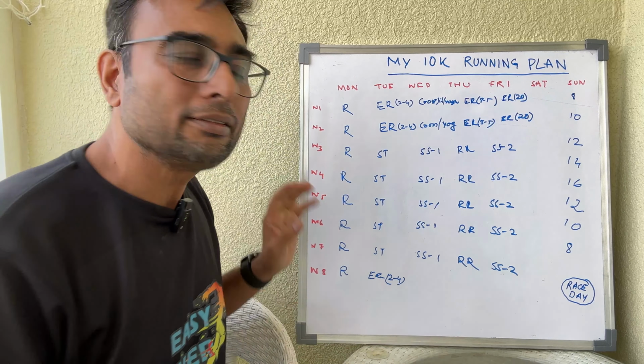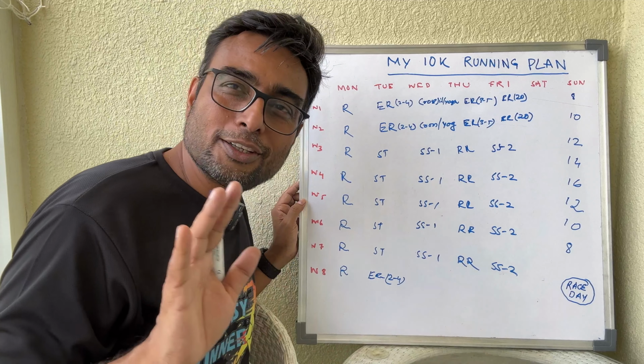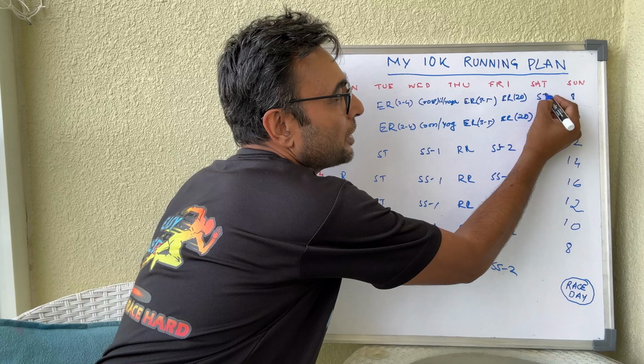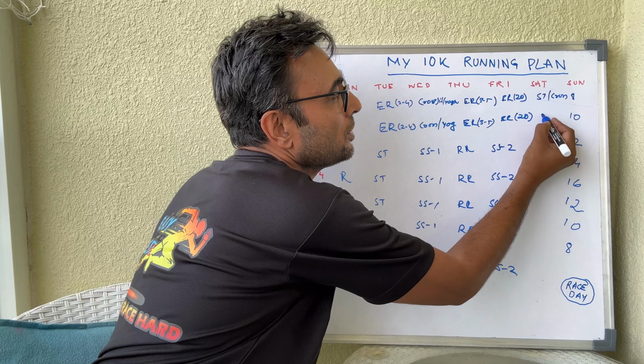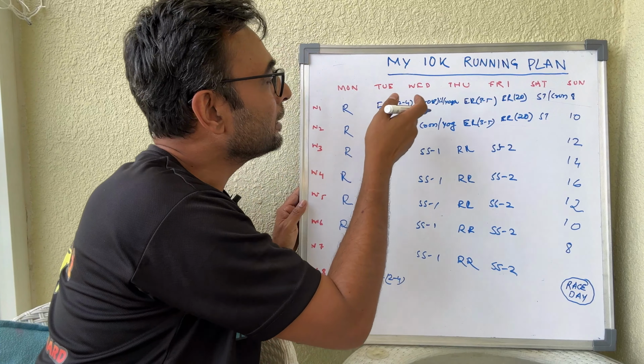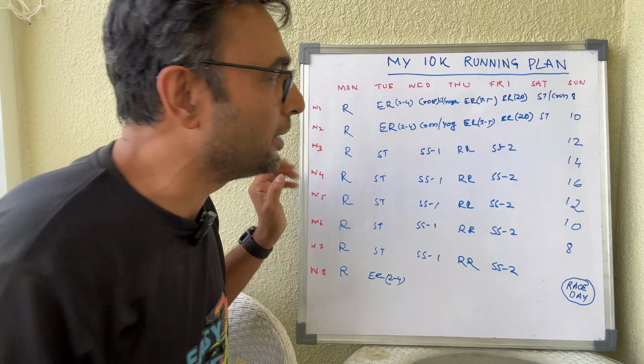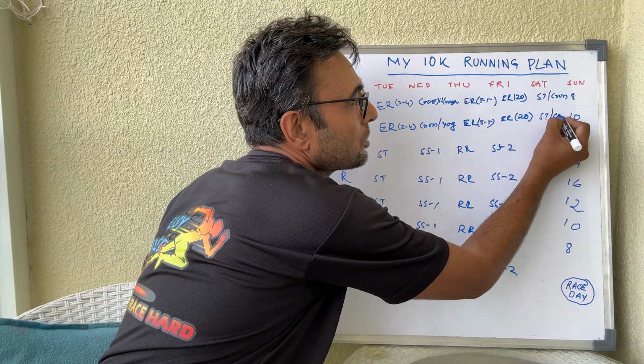And on Saturday, irrespective of what kind of runner you are, please do some strength or cross training. If you have done leg training here, then you do some core work there.